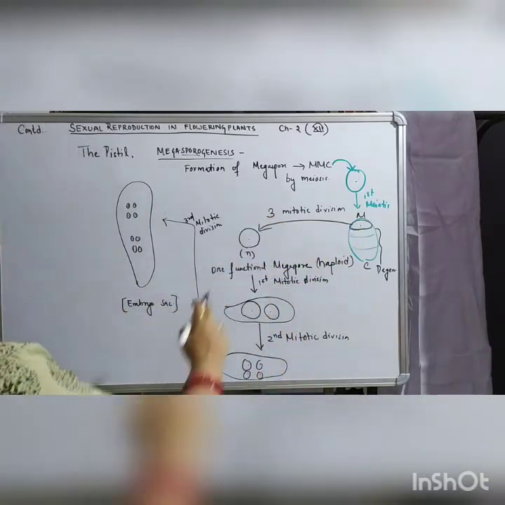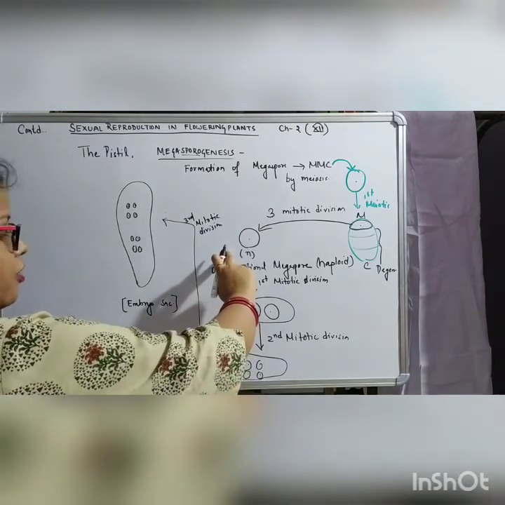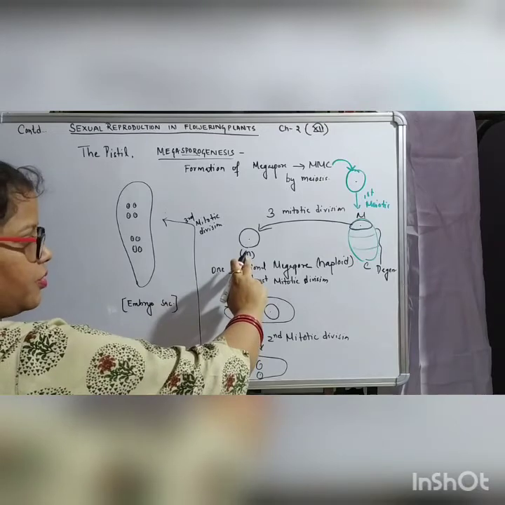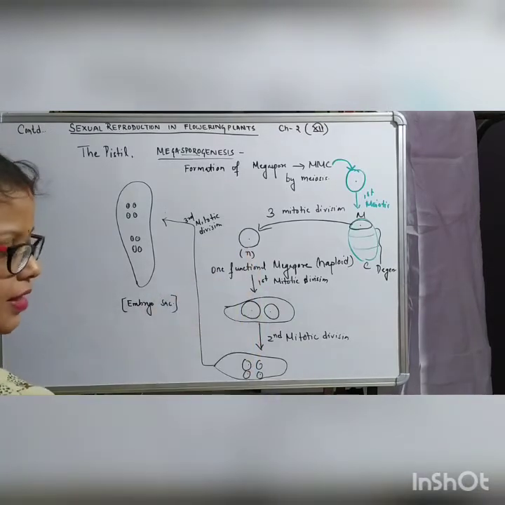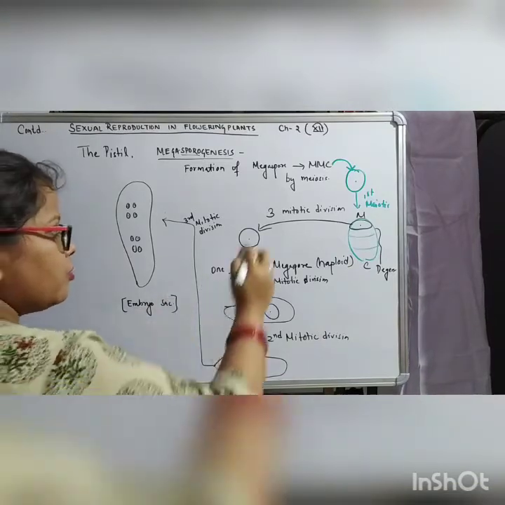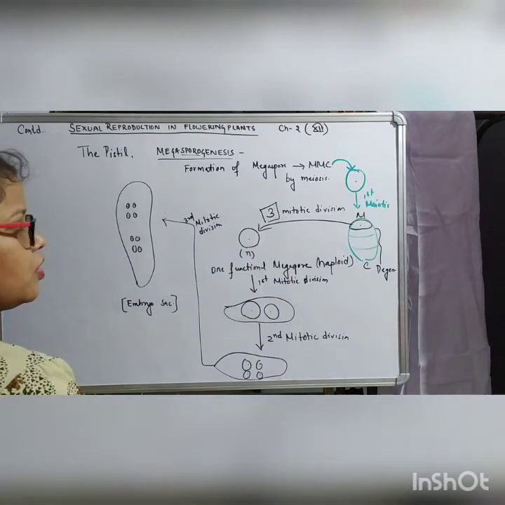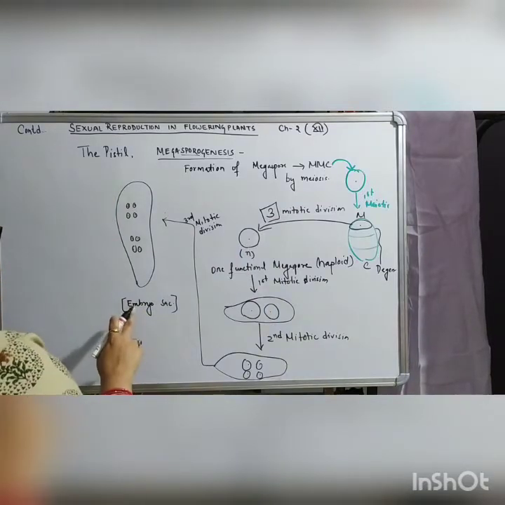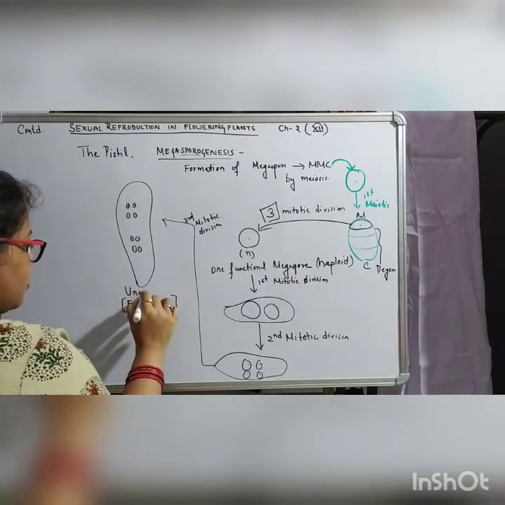Now this is a somatic cell, because after division the number of chromosomes has been reduced and it is acting as a somatic cell. This somatic cell will undergo 3 mitotic divisions to give rise to an unorganized embryo sac structure.